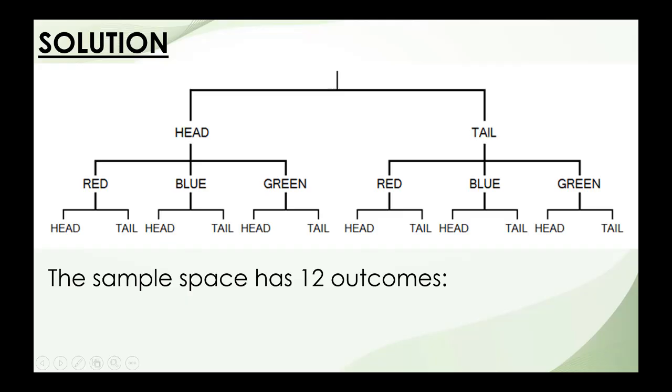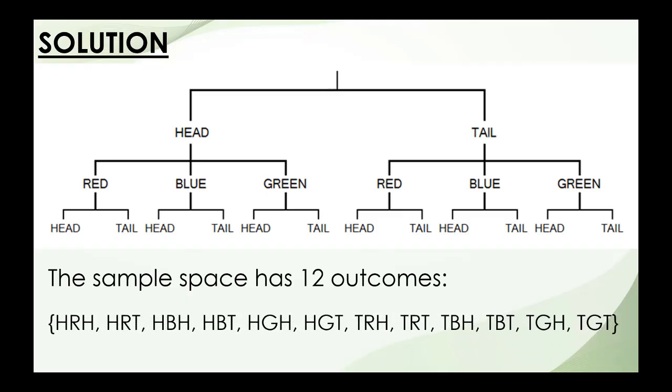So if you think of it like a maze, each one of these things at the bottom is an exit to the maze. So there's 12 different outcomes. So we abbreviate those with just letters, H for heads, R for red, and so on. And this is what our sample space looks like. Notice the curly brackets. You always put curly brackets around a sample space.